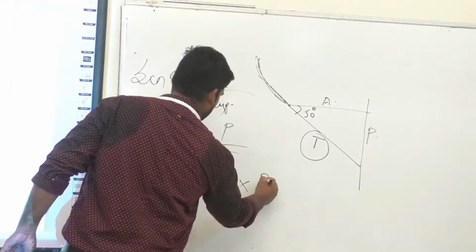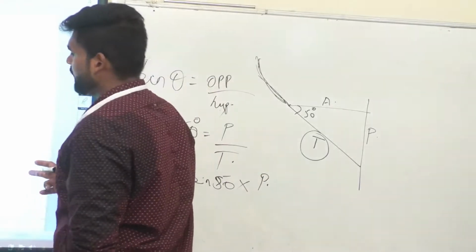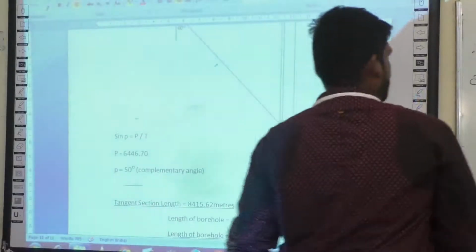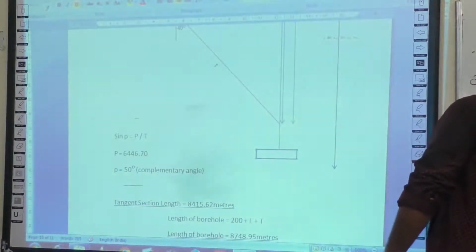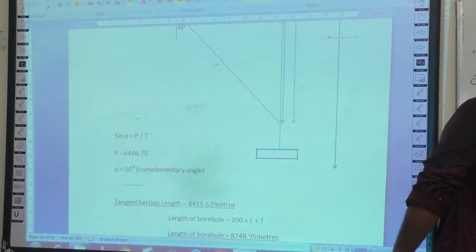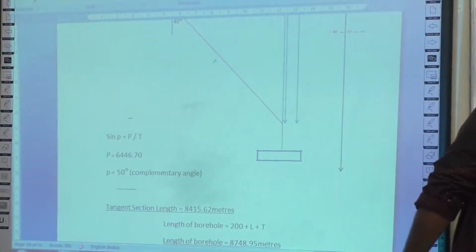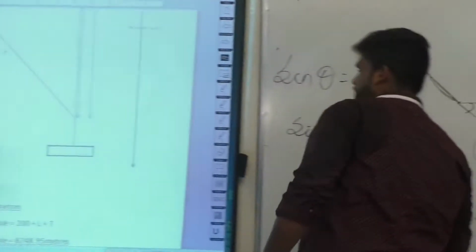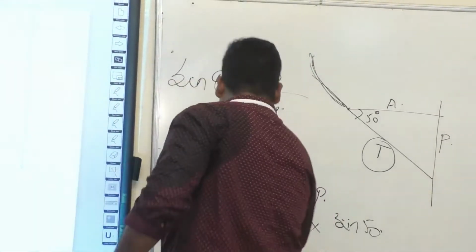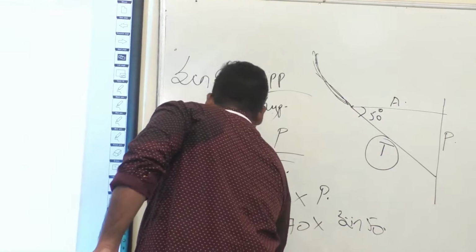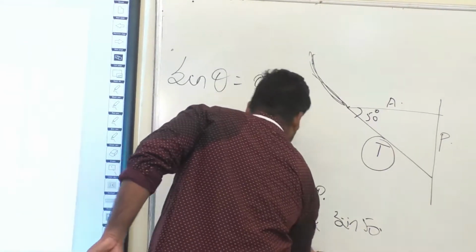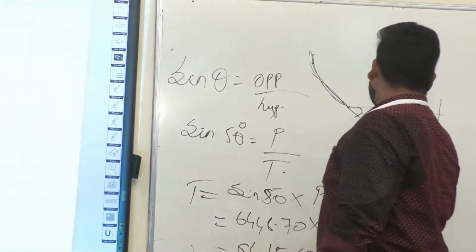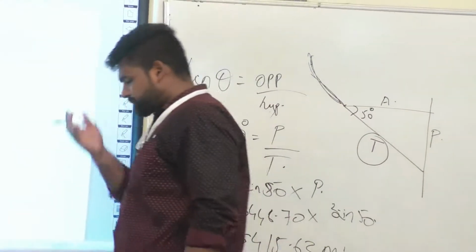We know what P is, right? We have found it out. P is equal to 6,446.70, divided by sine 50. So when you work this out, you will get the answer of about 8,415.62 meters. Yeah. Now we have found the length of your tangent section.